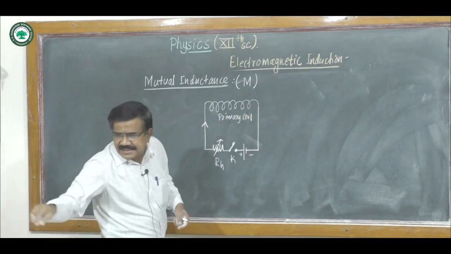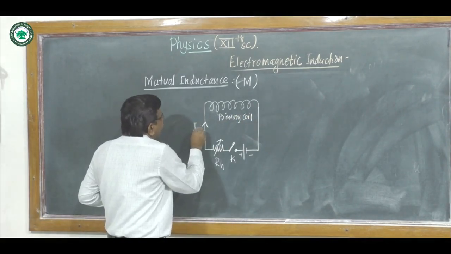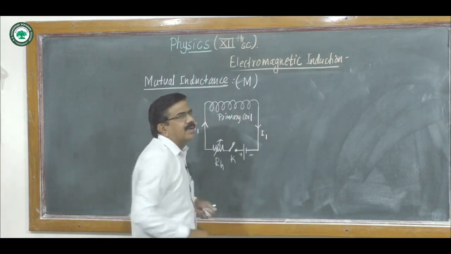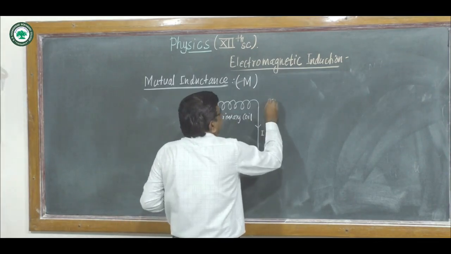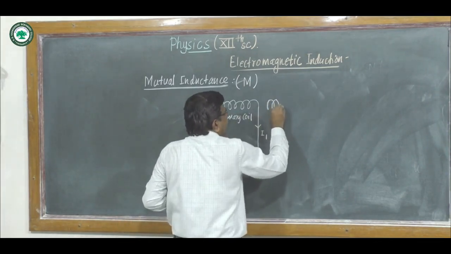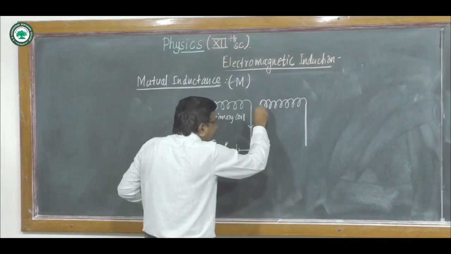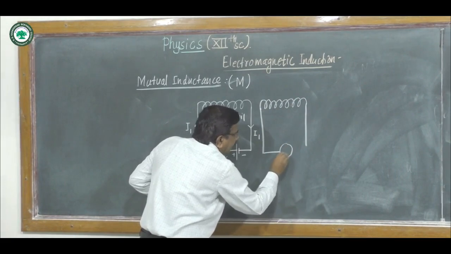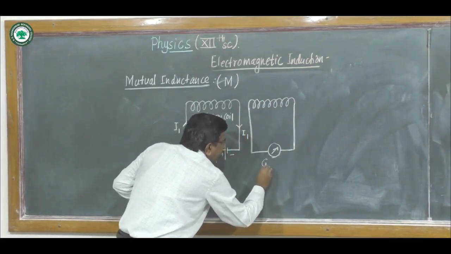Current is passed through the primary coil, and suppose this current is I1. Near this coil, coil 2 is placed. This is coil 2, and a galvanometer is connected in this circuit. This is the galvanometer.